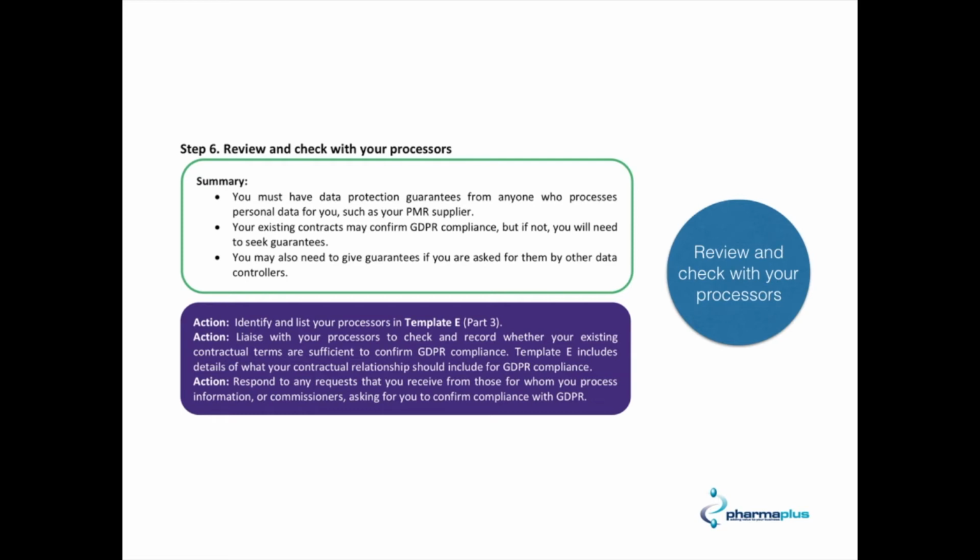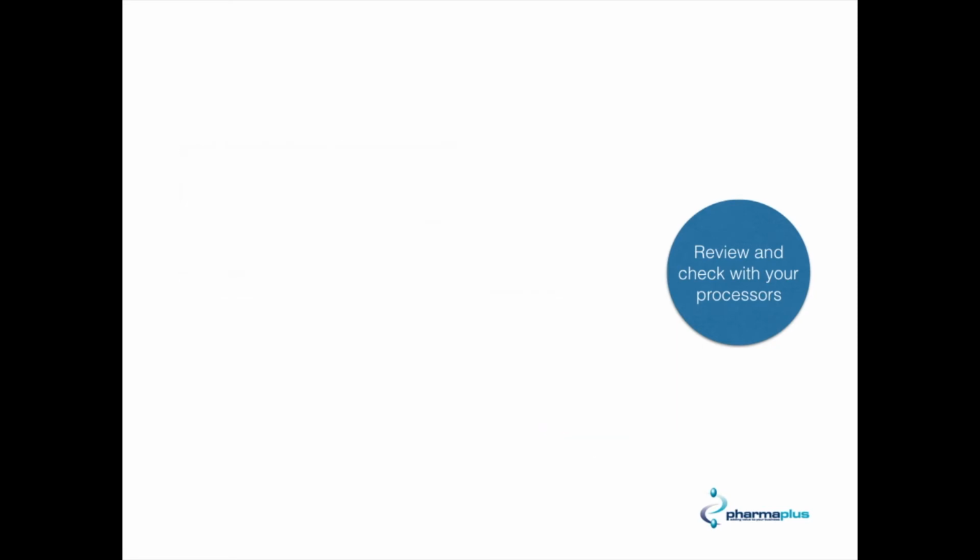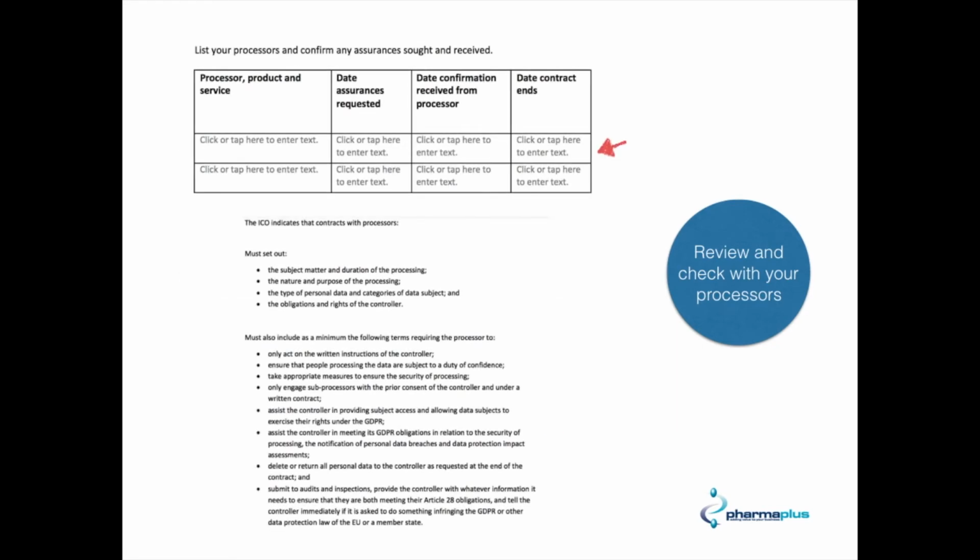And also, you may be approached because you yourself process data as well. And therefore, you need to be in a position to make sure that you can give guarantees to other people as well. The template contains two different things. The first thing it contains is a table that you can use to complete this task.